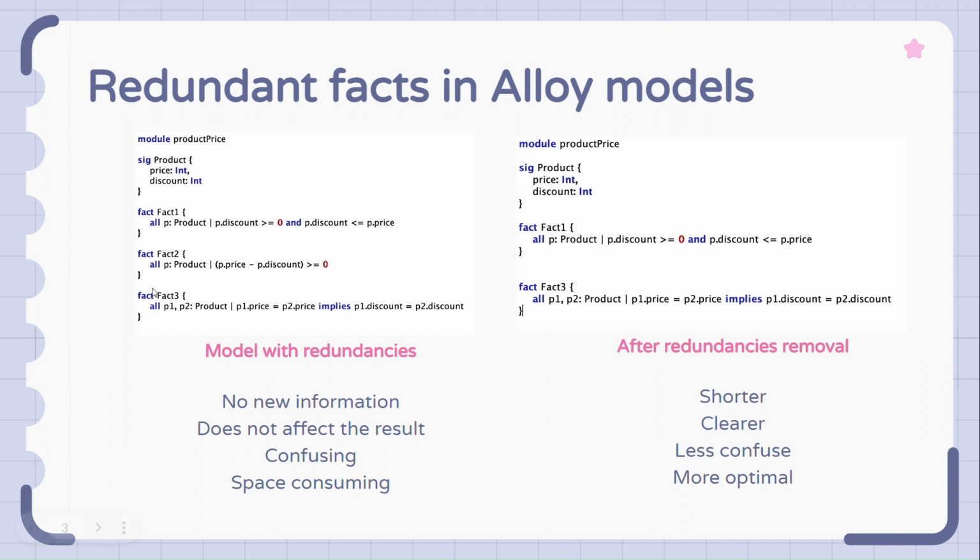And when we read all the facts, we need to remember unuseful information. And after we run our tool, we already remove the redundant fact, the fact number 2, and we can see it's shorter, clearer, and less confused and maybe more optimal for the alloy tool.